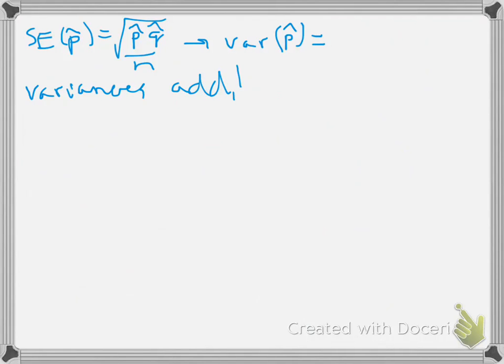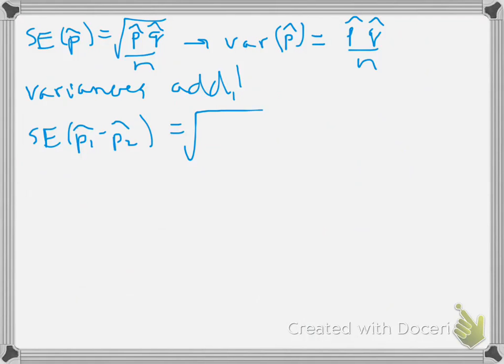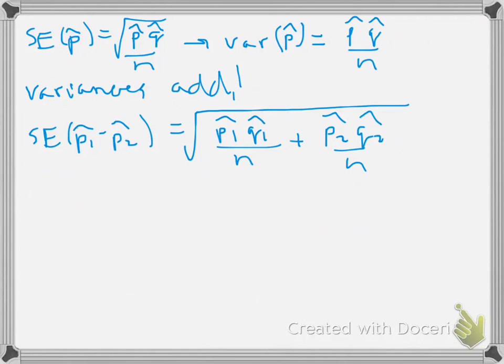So this is going to be p hat q hat over n. So now I'm just going to add two of them. They're going to be the exact same formula. The standard error of p1 hat minus p2 hat, even if we're subtracting, we still add variances, is going to be the giant square root of p1 hat q1 hat over n plus p2 hat q2 hat over n. So when we get that, we get the standard error.